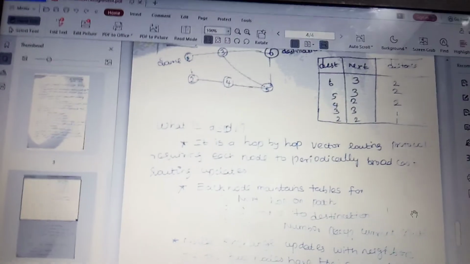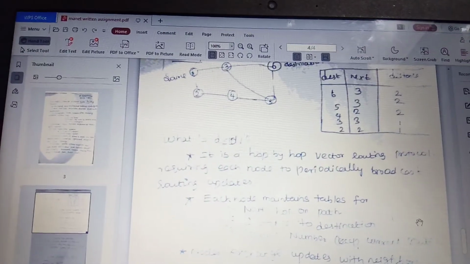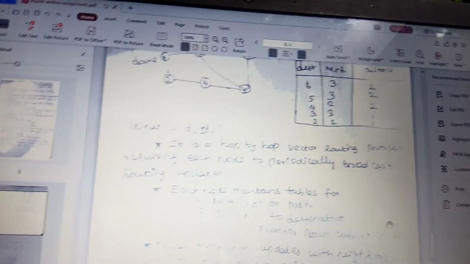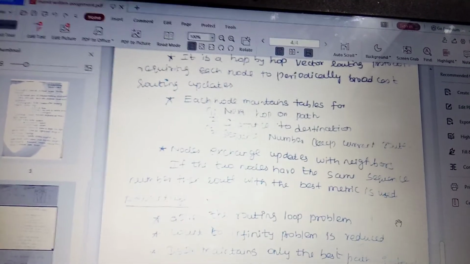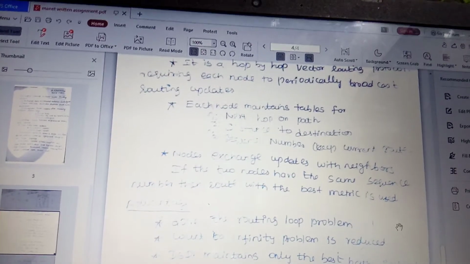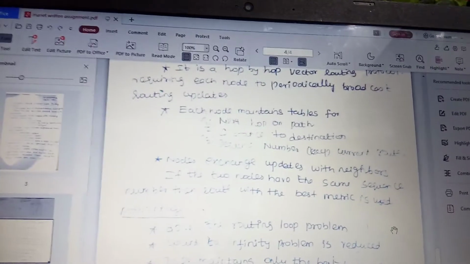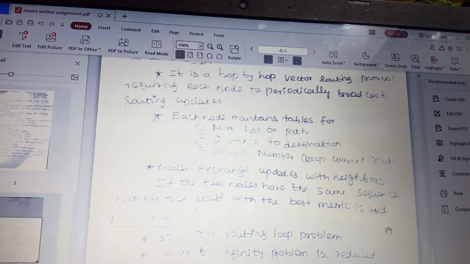Nodes exchange updates with neighbors. If the two nodes have the same sequence number, then the route with the best metric is used.